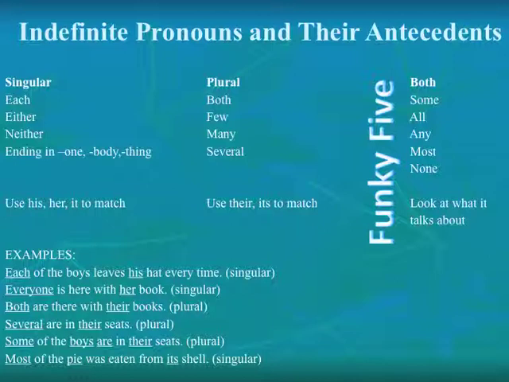Boys is plural, therefore we have a plural verb, are, and we choose a plural pronoun there. Last sentence. Most of the pie was eaten from its shell. Notice that most talks about pie, and in this case pie is singular, so we use a singular pronoun to stand for it. Its.